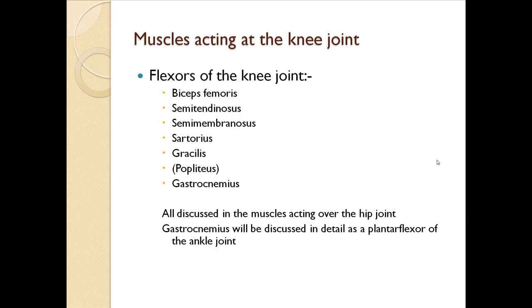Posteriorly, we've got popliteus and gastrocnemius that also contribute to the movement of knee flexion. And again, these muscles were looked at when looking at the hip joint. Gastrocnemius will be discussed in more detail when we look at plantar flexion of the ankle joint.